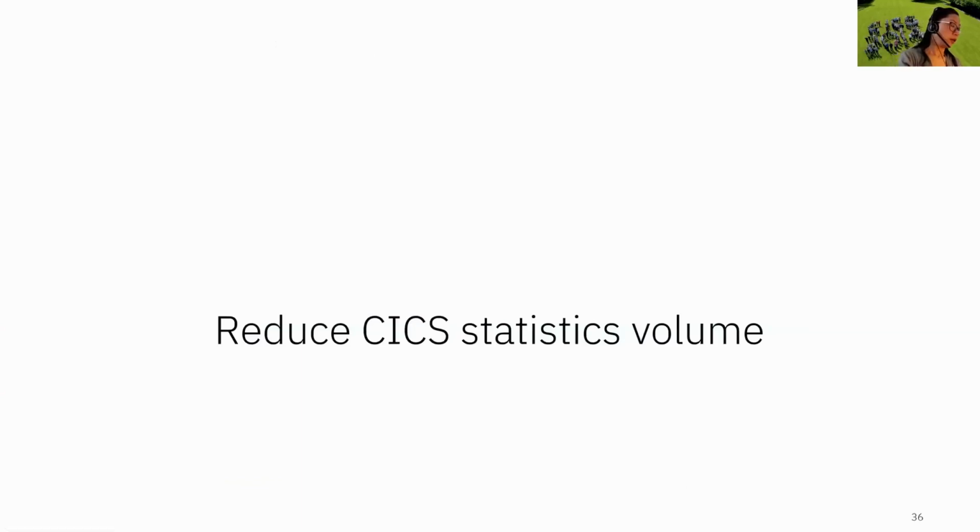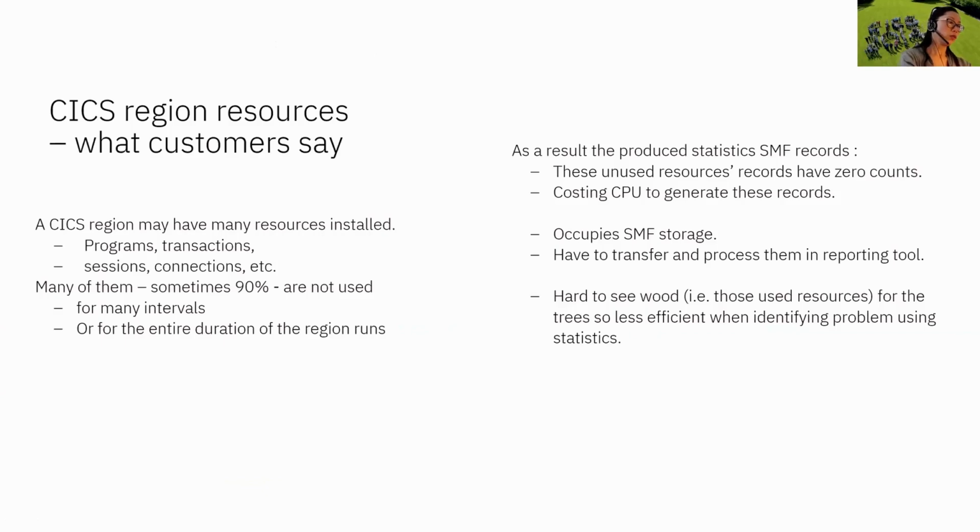So the next area I'm going to show is CICS statistics volume. The CICS statistics is a very useful way for you to see how the CICS region operates. And a region may have many resources installed, for example a lot of programs, transactions, sessions, connections, etc. And you may have cloned all this across all your CICS regions.